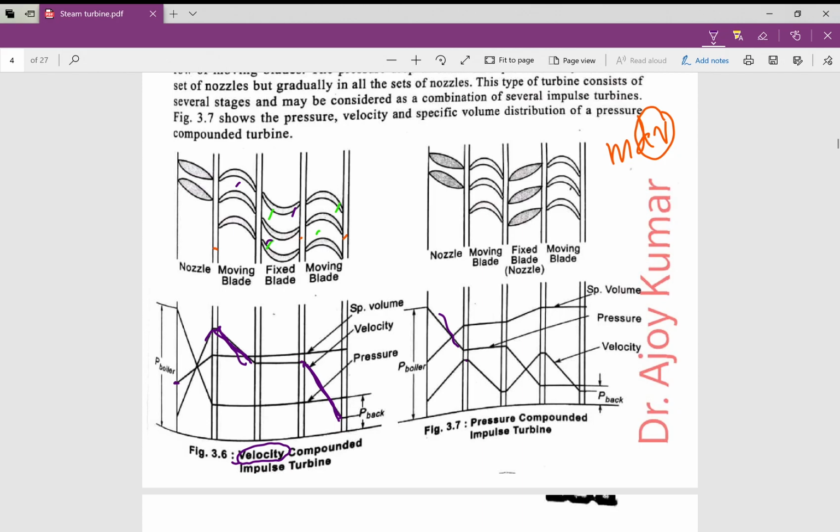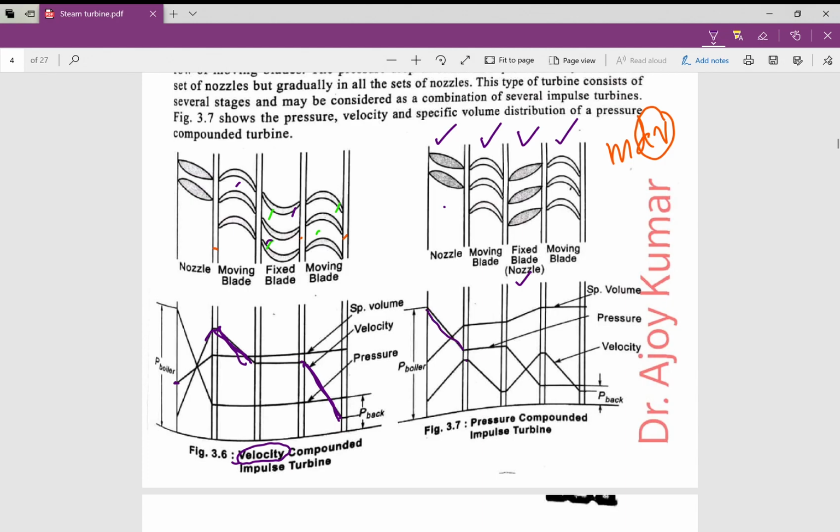So let us go to the arrangement of this pressure compounding. The arrangement is nozzle, then a set of moving blades, a set of fixed blades which acts as a nozzle, and then a set of moving blades. First steam enters this nozzle, as we have seen in the previous case.